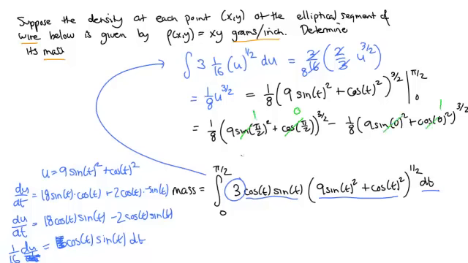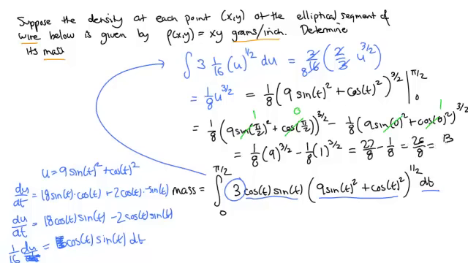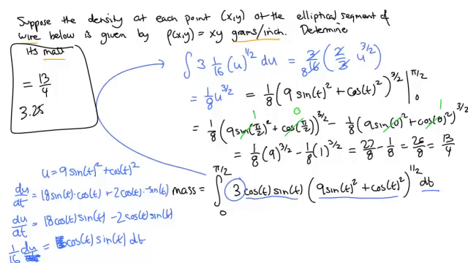And so this will give us a grand total of 1/8 times 9 to the 3/2 power minus 1/8 times 1 to the 3/2 power, or 27/8 minus 1/8, which is 26/8, or 13/4. And so our answer, the mass of this object, is going to be 13/4, or 3 1/4 grams.